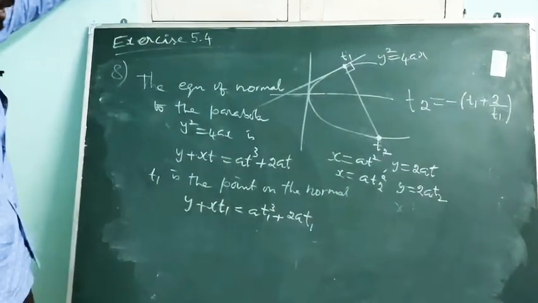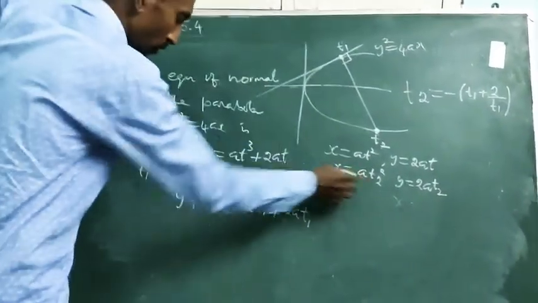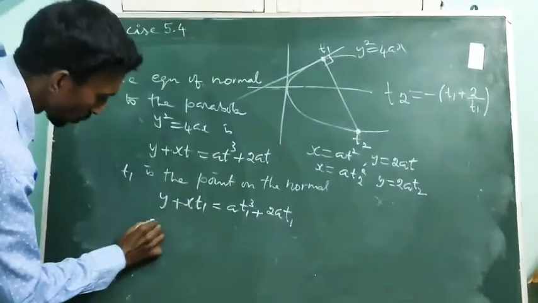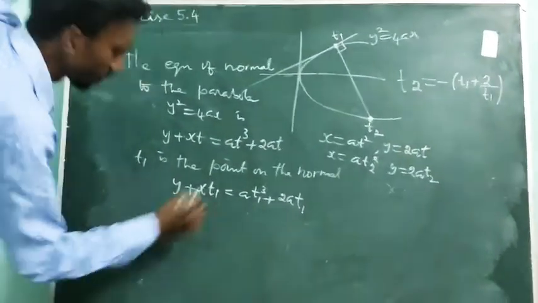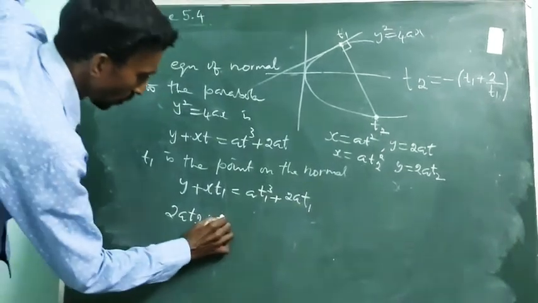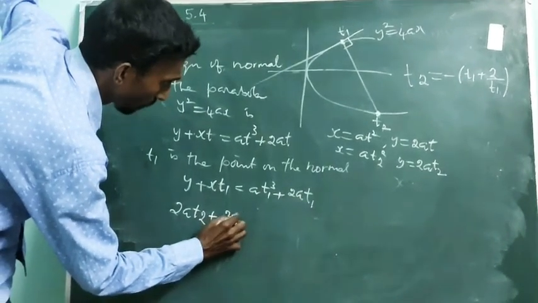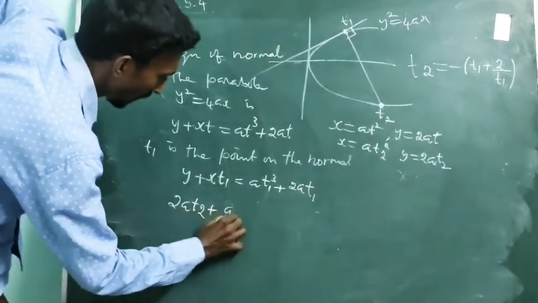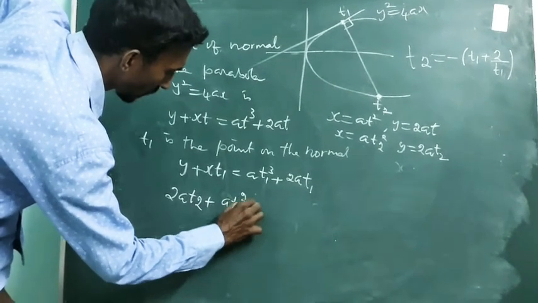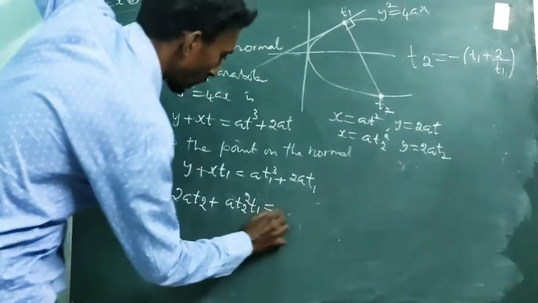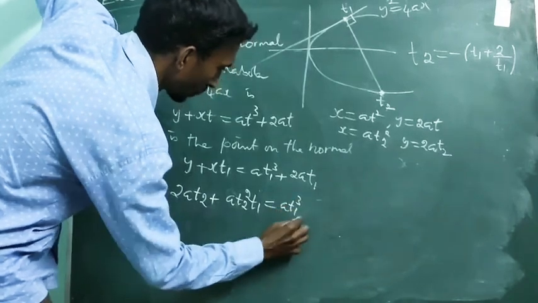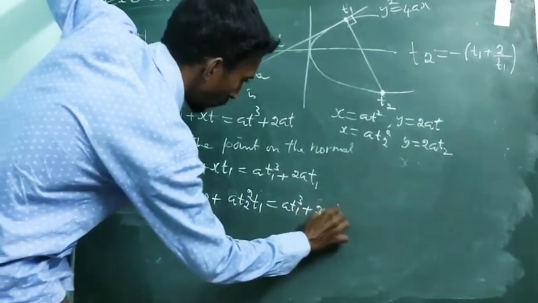So it is also satisfying this equation. So use it here: 2a t2 plus a t2 square t1 equal to a t1 cube plus 2a t1.